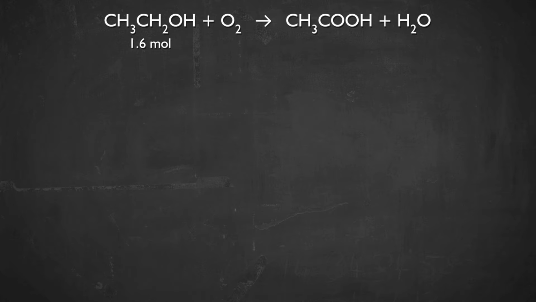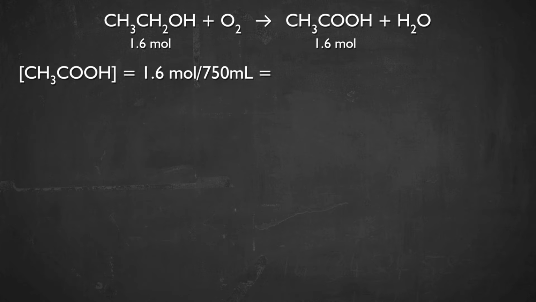We started out with 1.6 moles of ethanol, and since the reaction is balanced, we get 1.6 moles of vinegar as well, and this is then in a solution which is a total of 750 milliliters. So we can divide this and we'll get a final concentration of 2.1 moles per liter. So this would be our final concentration of vinegar in the solution.